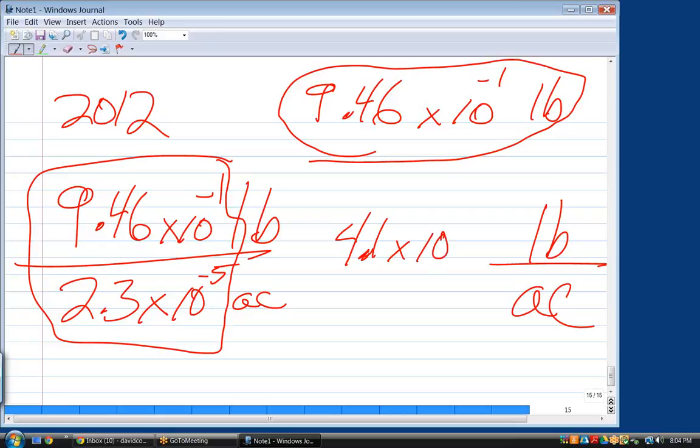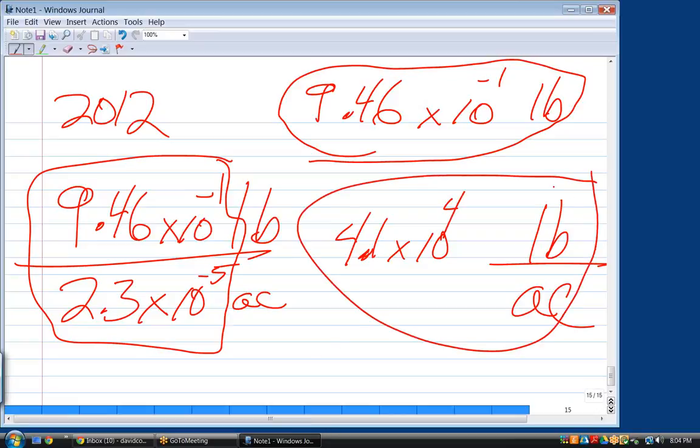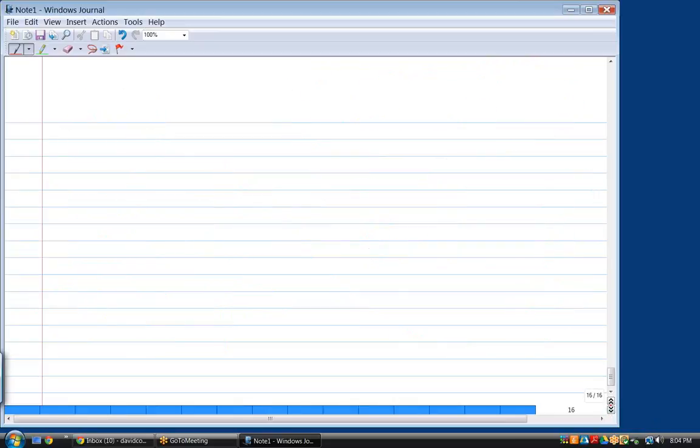Minus, it's going to be positive 4, right? Good. Is that scientific notation? Yes, it is, because 4.1 is between 1 and 10. Gotcha. I don't have to adjust it. Awesome.